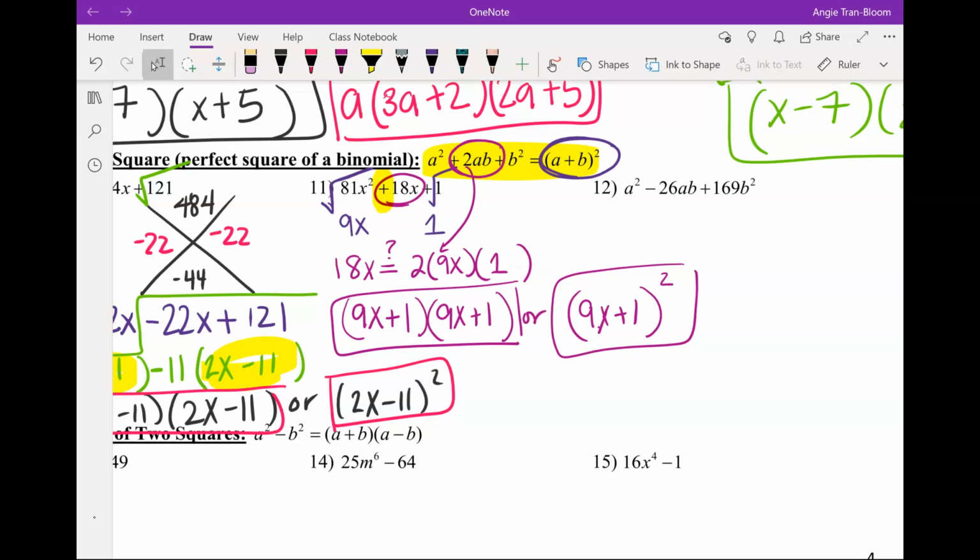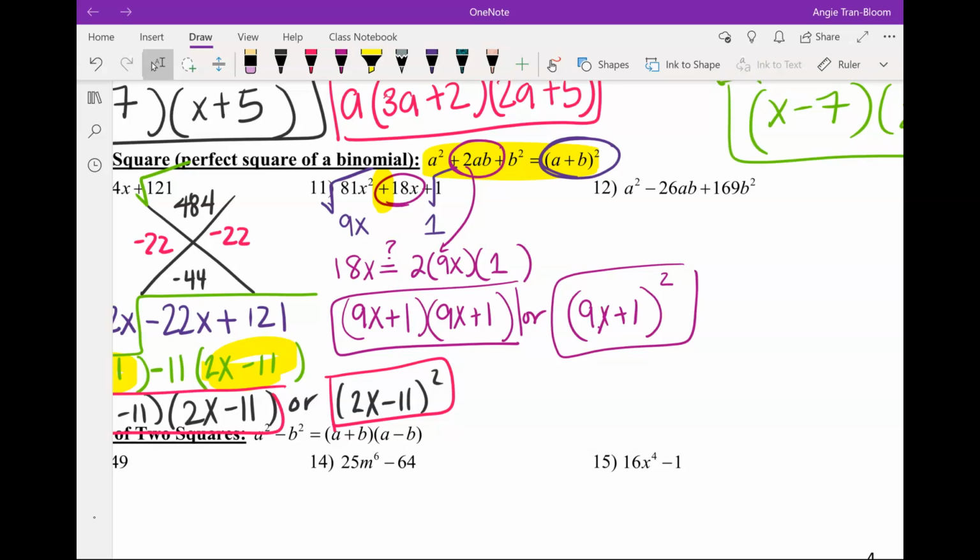Can we take a square root of the first? Can we take a square root of the last? That's how we come up with 9x and 1. But the middle says 2 times a times b. What's your middle term? 18x. We have to check to see if it's true. If it's not true, then we can't use this formula.